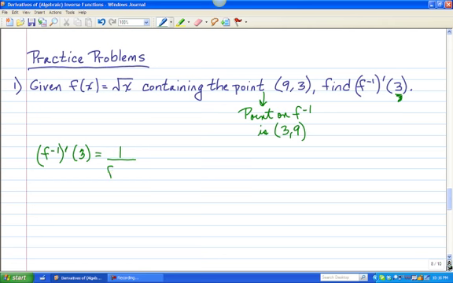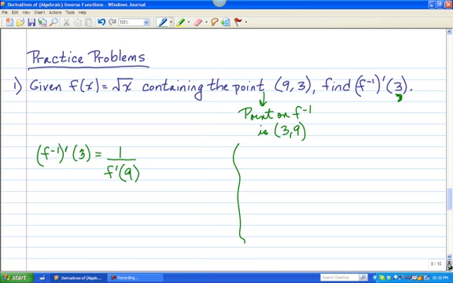So the rule is it's going to be 1 over the derivative, and the question is at what x value? Well, you have to remember the x value of the original function was 9. So we'll need to find f prime of 9.